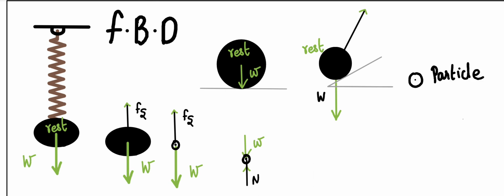First I assume the ball as a particle, so the weight will be acting downwards. An important thing which I would like to suggest here is that I am indicating this as a vector, in green. So I know the direction and also the weight of the ball. And here I am drawing the black color with a green arrow.